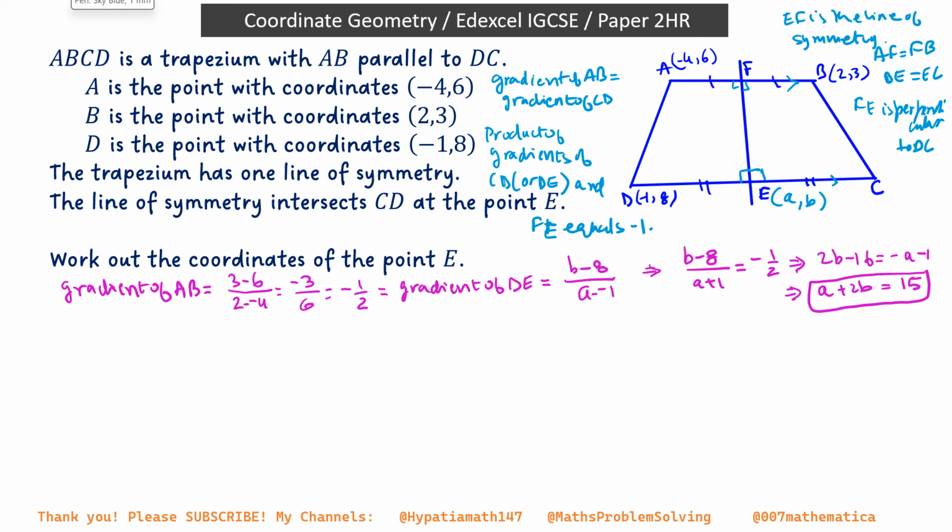So the other one will come from the perpendicular lines, gradient of perpendicular lines.